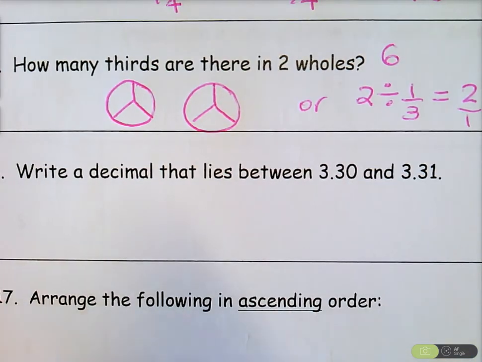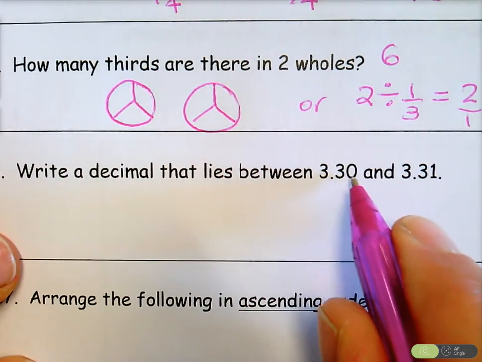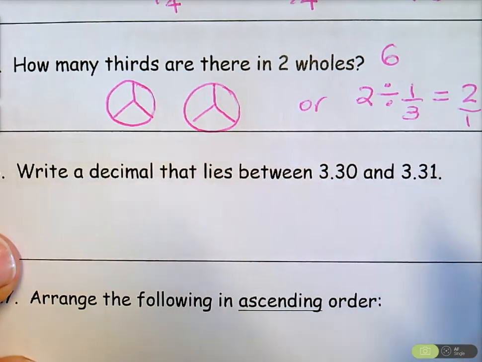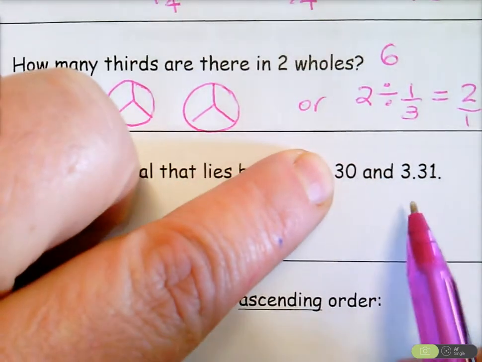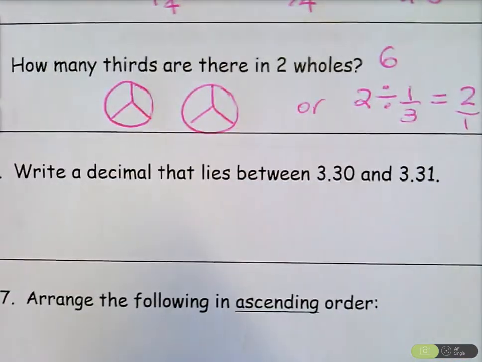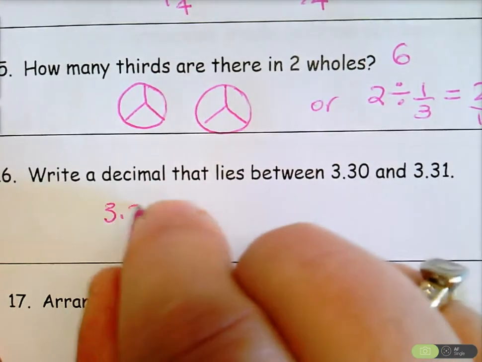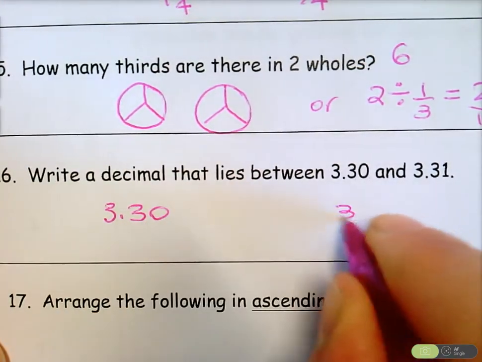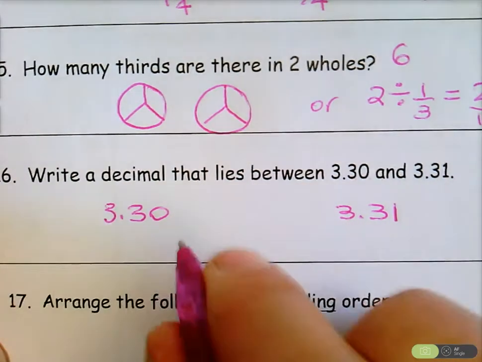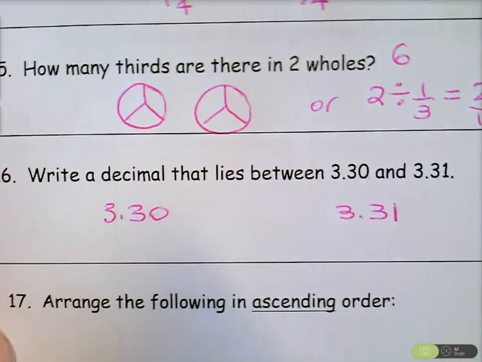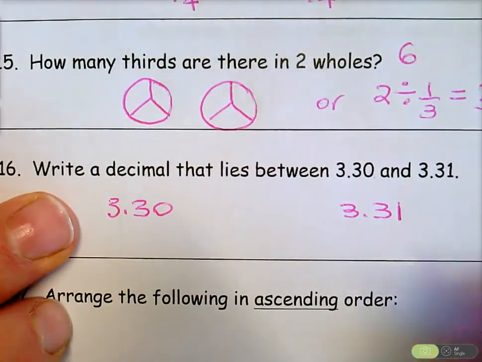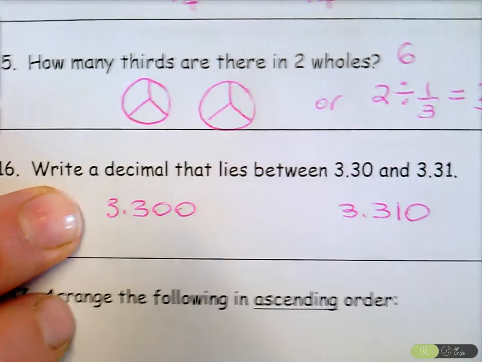Girls, write a number that lies between 3.30 and 3.31. If you just get rid of the 3's, you've got 30 and 31. There is no number halfway between. So this is what we're going to do. 3.30, 3.31. What can I add to the ends? 0.